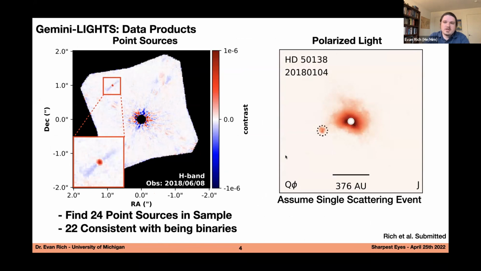So the data products that we have first are the point sources. Because we're looking in near infrared high contrast imaging, we can look for point sources using ADI and LOCI algorithms. We end up finding 24 point sources around 22 of our 44 targets. This isn't surprising given that we are looking at a higher mass range of samples. 22 of these 24, given their position and brightness relative to the star, are consistent with being binaries.